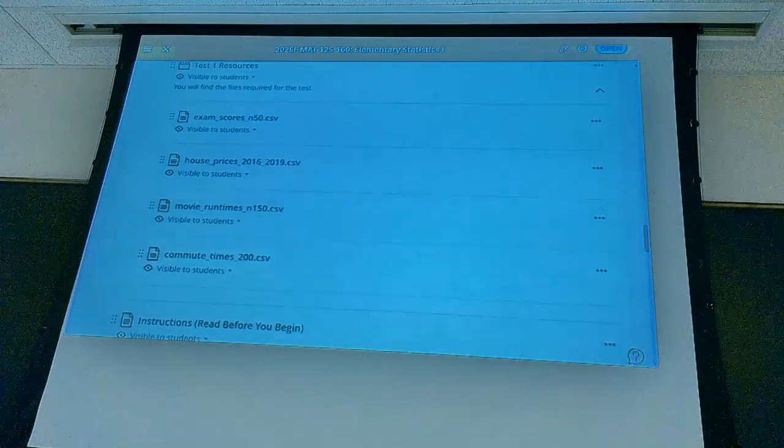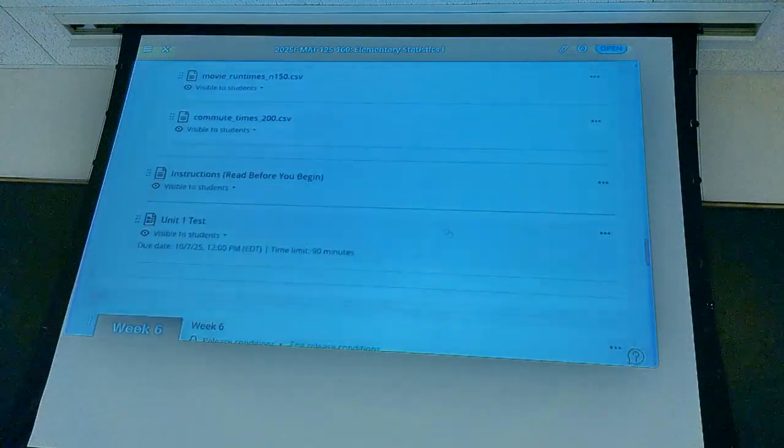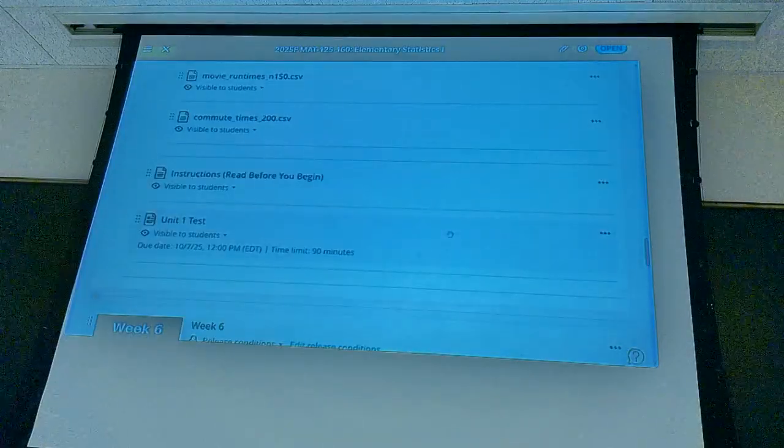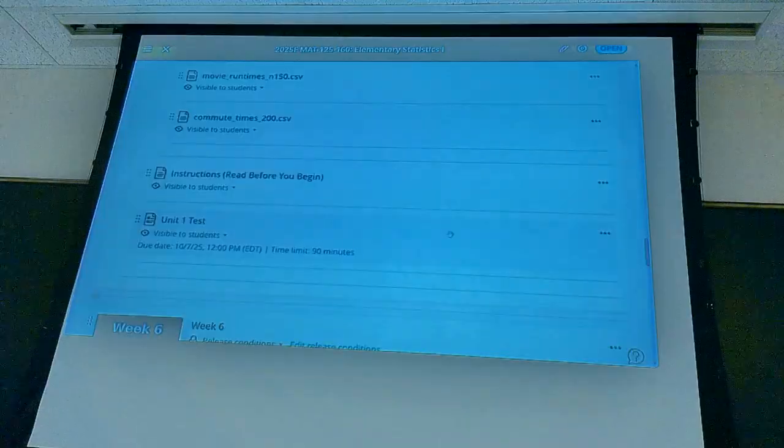This way you have them. It will have to be completed in one sitting. But you can use anything you want, notes, Excel. You just can't Google the answer.